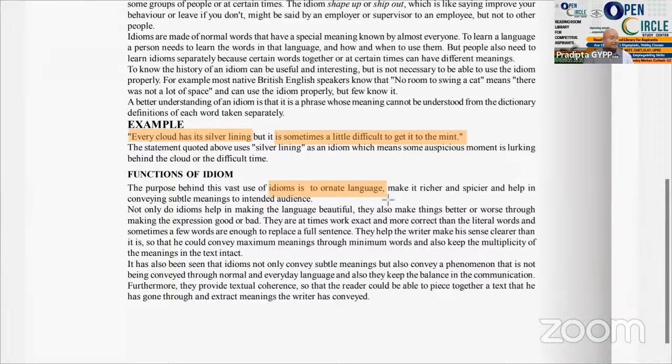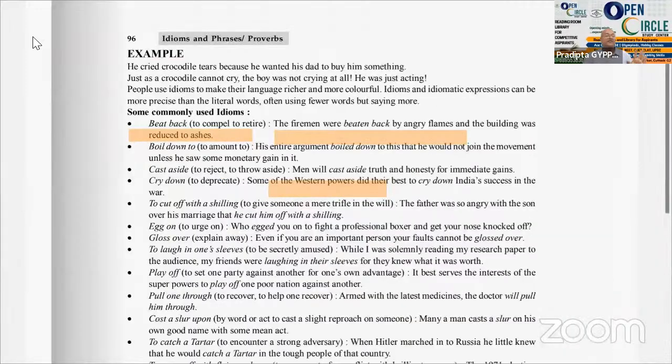When you have idioms, you enjoy. Imagine, instead of raining cats and dogs, it was written heavily raining. It's plain language. But when you say cats and dogs, it makes it more interesting. Whether you use idioms or not is up to you, but you should be able to tell the meaning if you come across them.